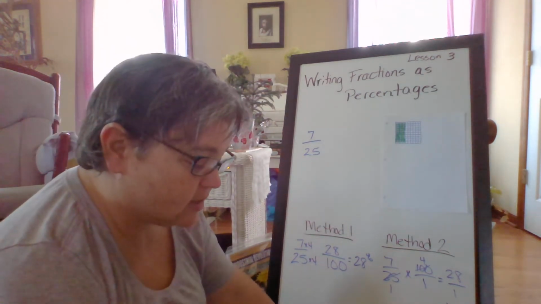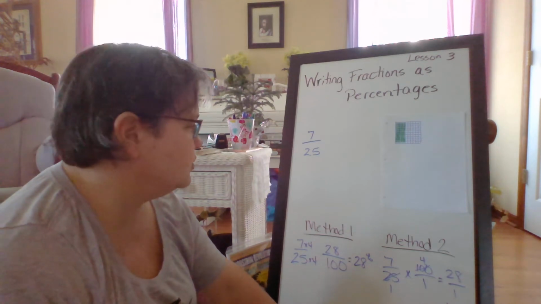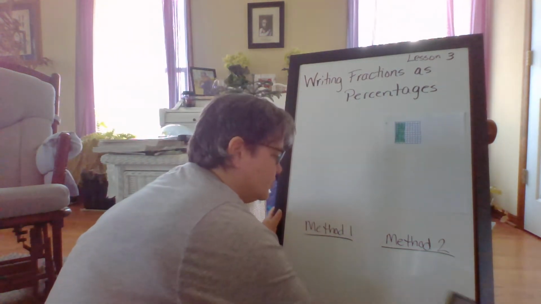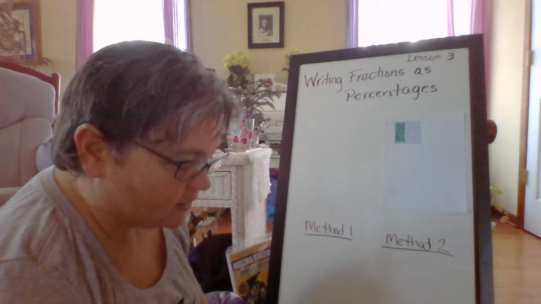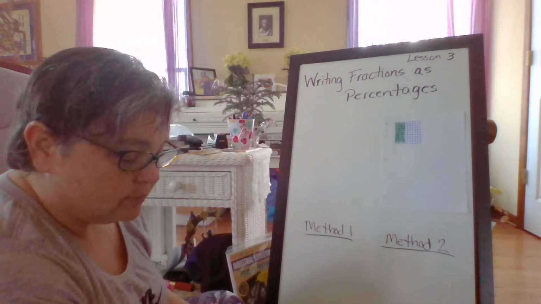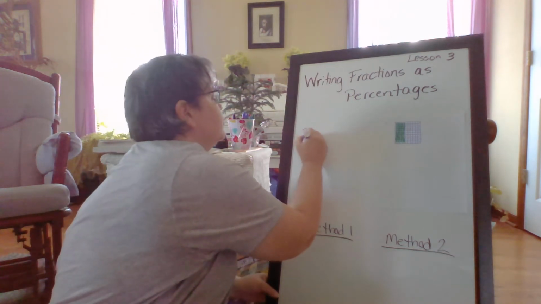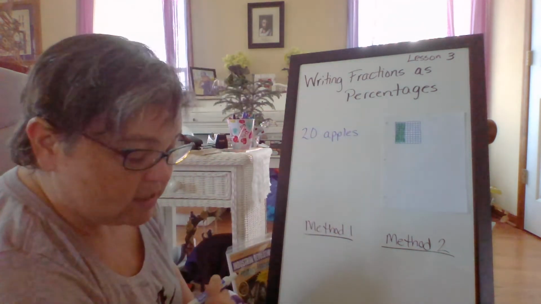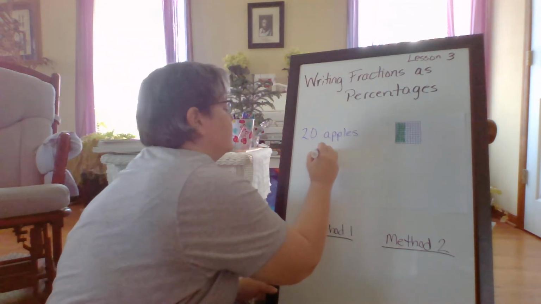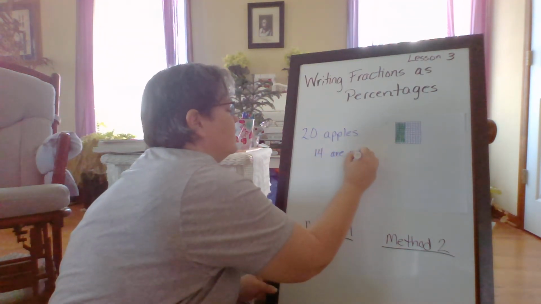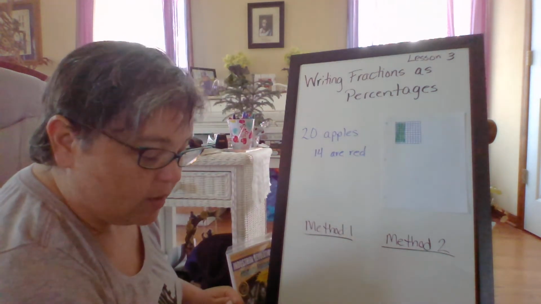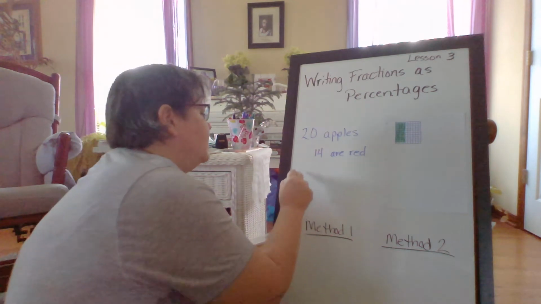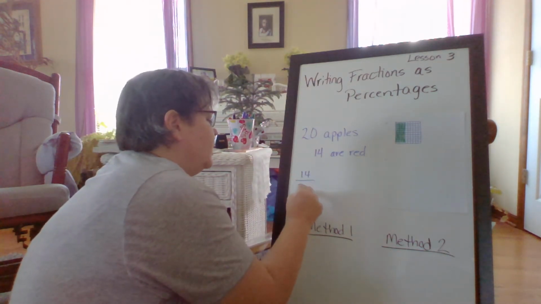All right, so let's put this into real life. So let's say that Lenny has 20 apples. 14 of them are red. All right. What percentage of the apples are red? So I know 14 out of 20.